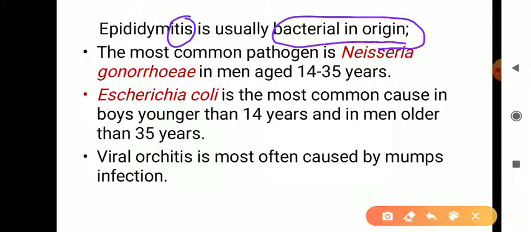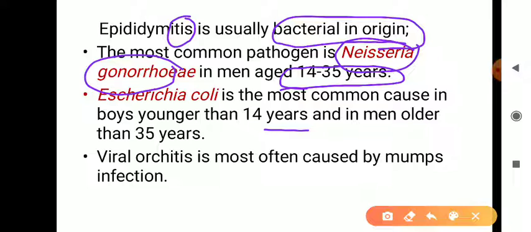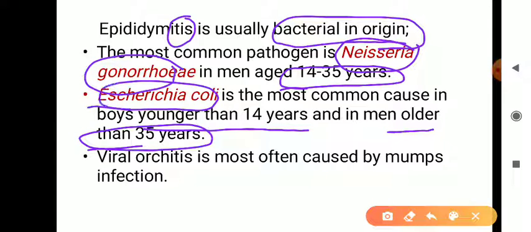So one notable thing here is that men aged between 14 and 35 years are at risk of getting the infection with Neisseria gonorrhoeae, and a person who is less than 14 years old or a man who is older than 35 years is affected by the bacteria Escherichia coli.